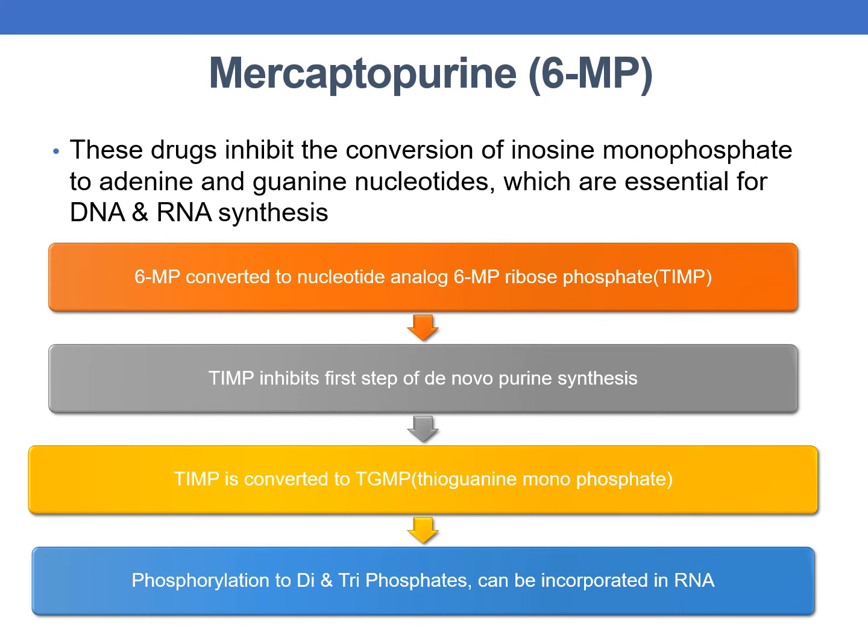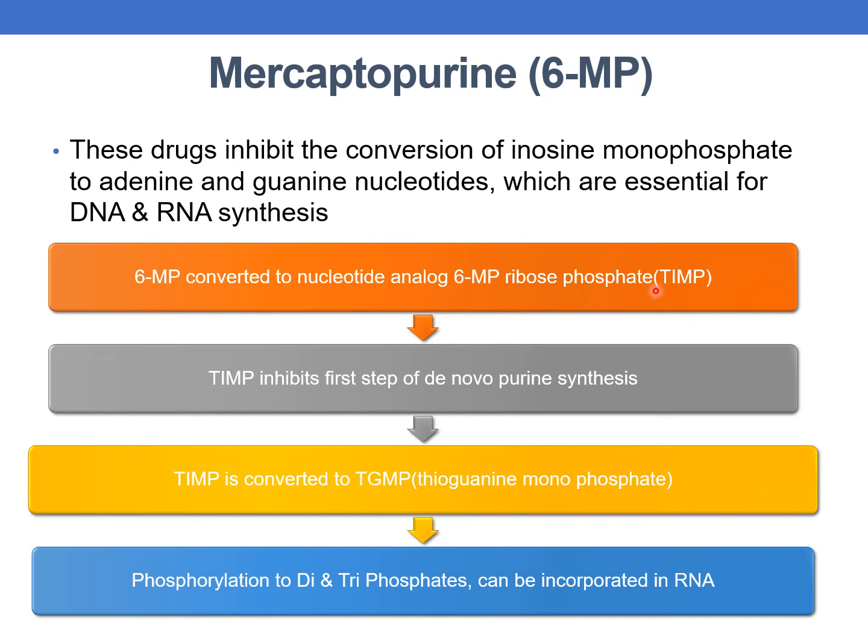Coming to the drugs, the first drug is mercaptopurine. These drugs inhibit the conversion of inosine monophosphate to adenine and guanine nucleotides, which are essential for DNA and RNA synthesis. The 6-mercaptopurine is converted to nucleotide analog 6-mercaptopurine ribose phosphate.